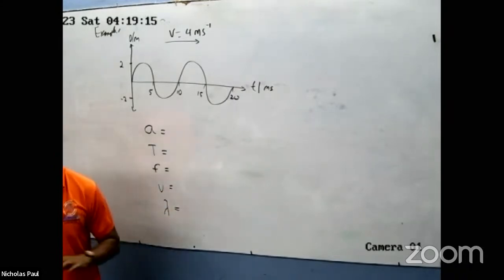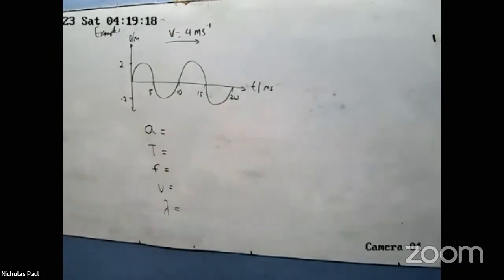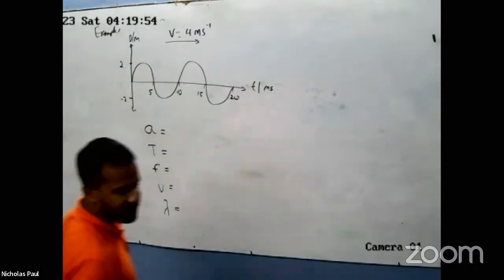If you can't, don't worry, I'll show you. From that, we need to see how to get amplitude, period, frequency, speed, and everything on the wave that you need. There's only one thing that we have to work out.